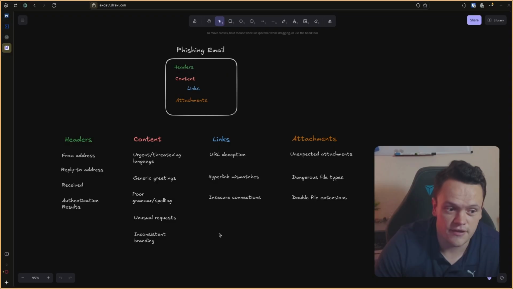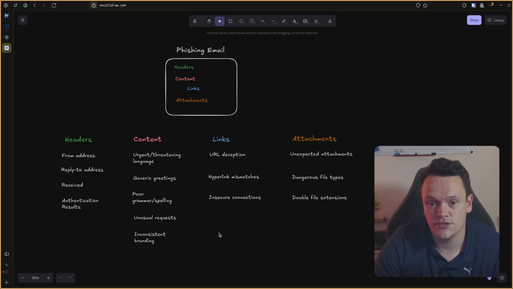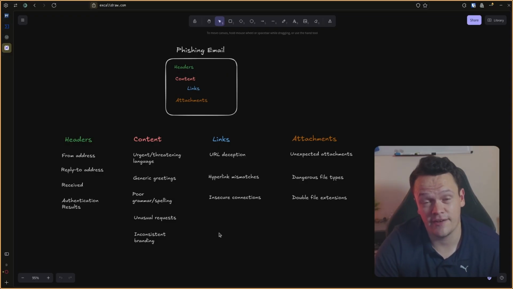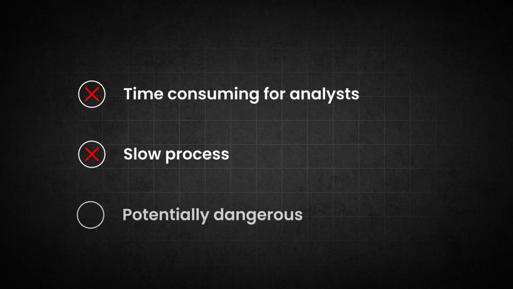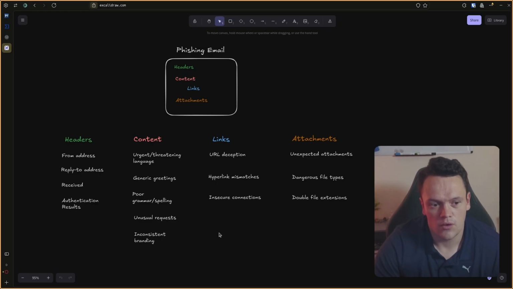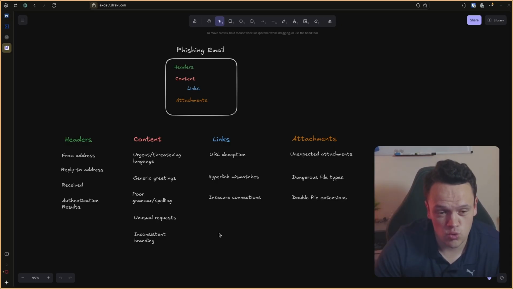As you can see, this approach to analyzing emails, where we go through the headers, content, links, and attachments, is good, but it is time consuming, slow, and potentially dangerous if we're clicking on random links to see where they take us. What we need is a tool that combines all of these analysis components under one platform.